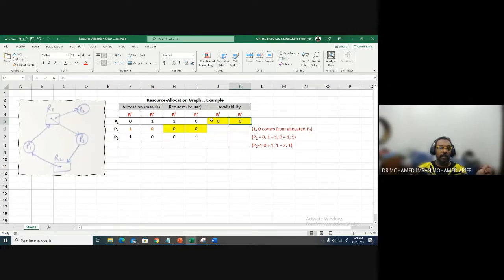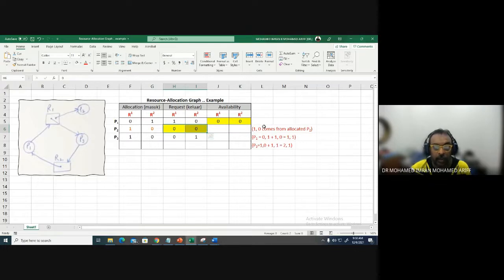Okay, so at the moment masa P1 jalan, then nothing available. So bila nothing available, you have to look back at the diagram to see which of the process is not requesting anything. Kalau available dia sama, request pun sama. Okay. So bila kita tengok kat sini, kita dapati bahawa P2 is not requesting anything.